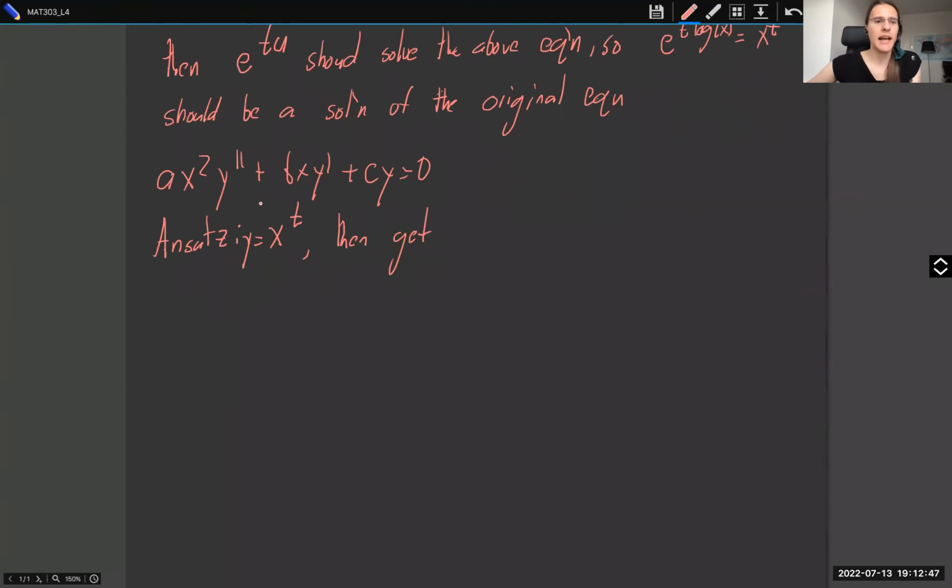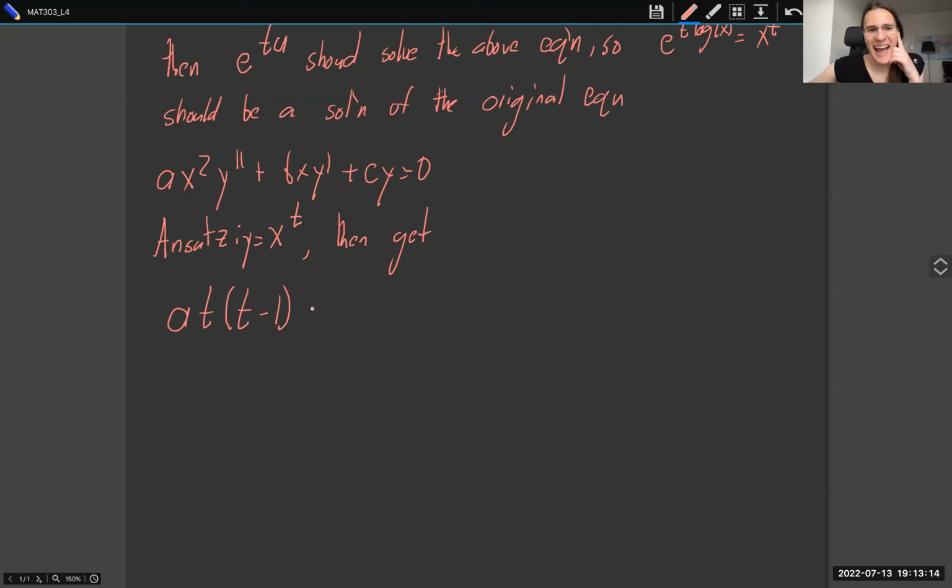What happens when we plug in x to the t here? So it's going to be really interesting. When we differentiate x to the t twice with respect to x, where t is a number, what do we get? t times t minus 1 times x to the t minus 2.